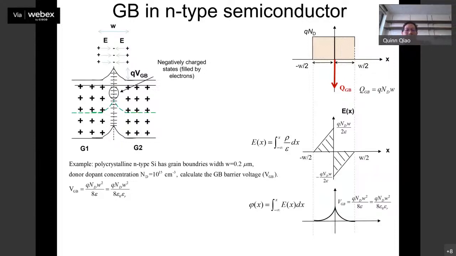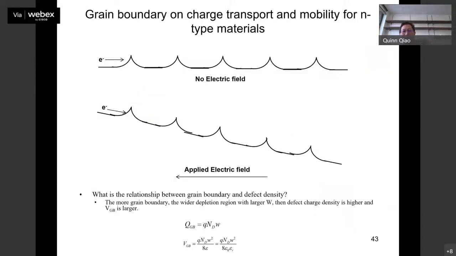Okay, so in the next slide, we find the band notch by applying the electric field. Here we have considered that the electric field throughout all the grain boundaries is the same.